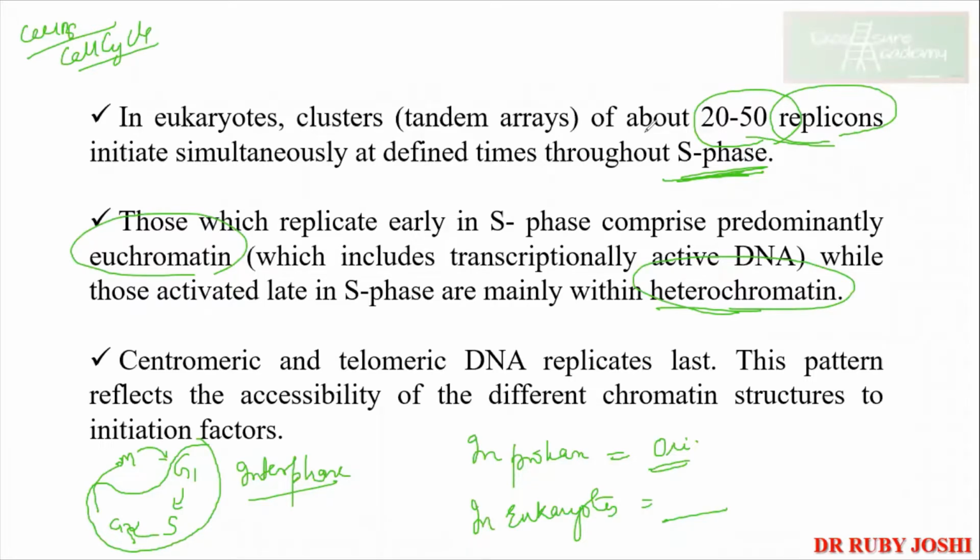Yes, Tanvi? Euchromatin region in DNA or heterochromatin region in DNA क्या होता है? See, it is important because what we are going to learn after this DNA replication is going to make a huge difference. It's very basic and everyone should know about it. So Tanvi, what is it? Anyone? Akshay, Shruti?